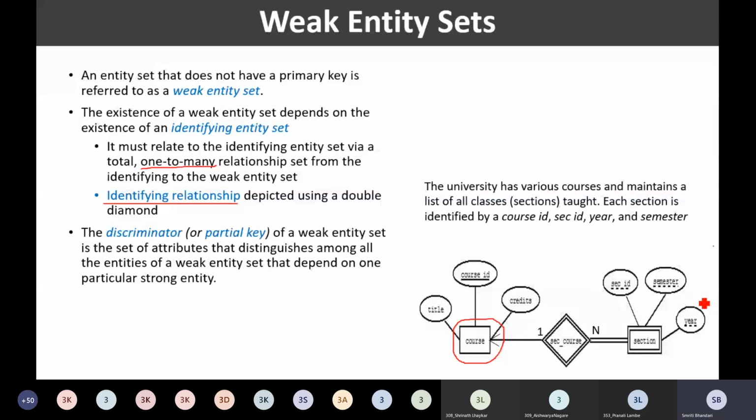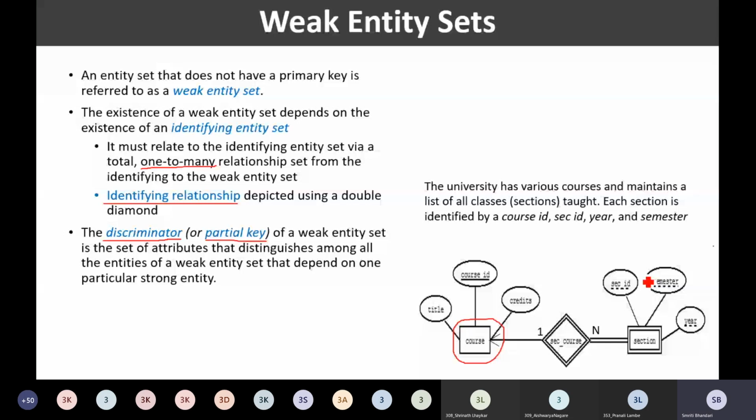These attributes are known as the discriminator attributes, or the partial key. So here, for this weak entity set section, I have the partial key or the discriminator key, and this key is the combination of these three attributes: section ID, semester and year.